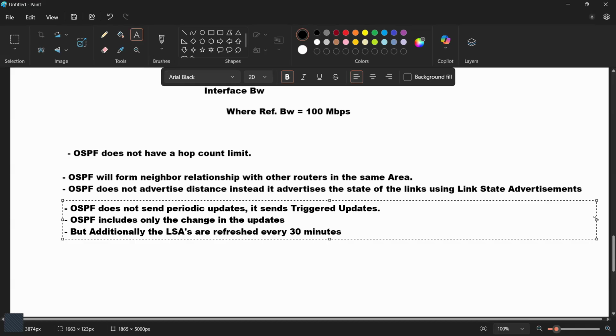By default, it will send triggered updates only, but it will also refresh the LSAs every 30 minutes to keep track of the information that everything is working fine. This is clear? Understood? Okay.